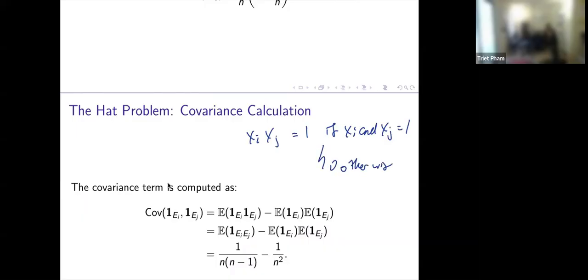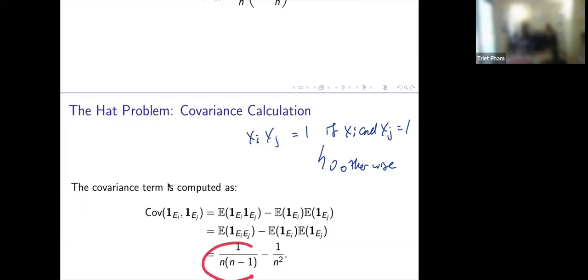So if you multiply two indicator functions, you get the indicator of their AND, and you get an indicator back. This is an indicator function of the ith person and the jth person getting the right hat.